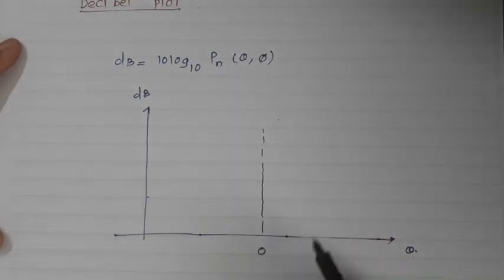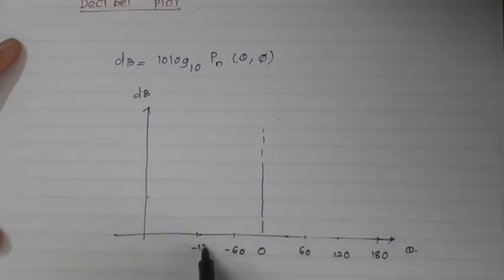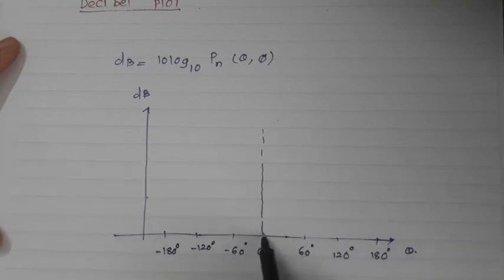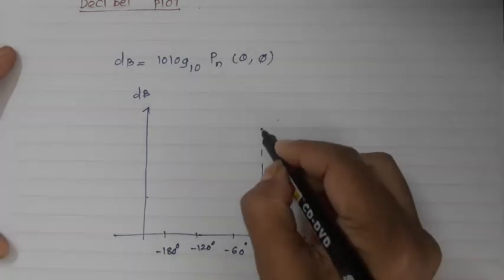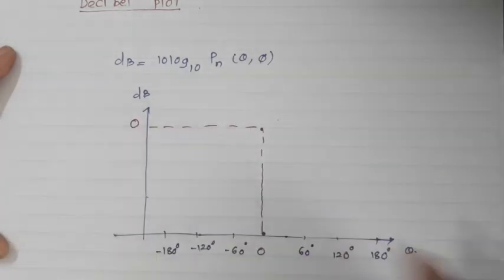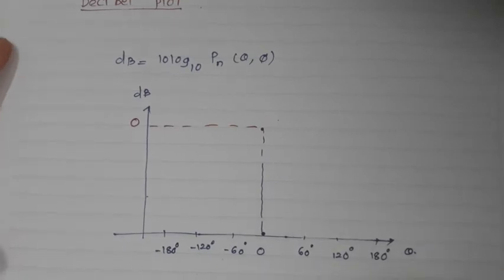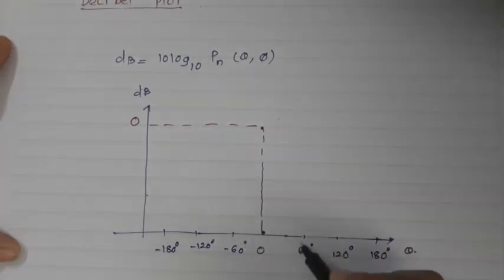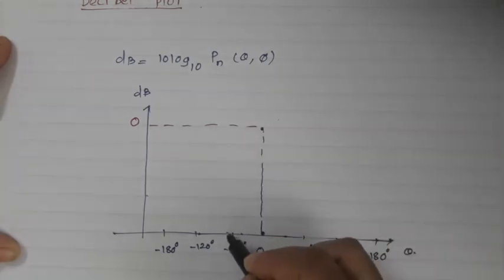At 0 I am getting the maximum. Now I'll divide it into 60 degree, 120 degree and then 180 degree, and here minus 60 degree, minus 120 degree and minus 180 degree. Here I am drawing my power for different angles. If I am getting the maximum power at this particular 0 degree and I have the normalized value, I'll get 0 over here.